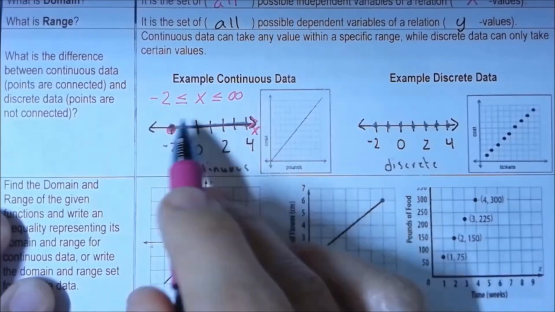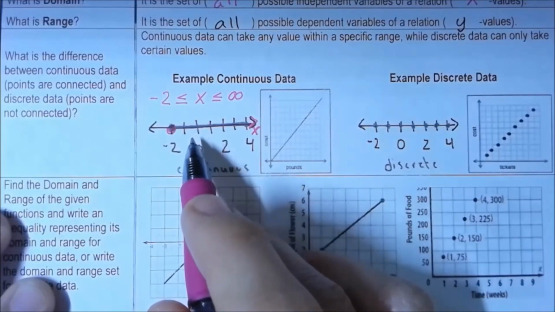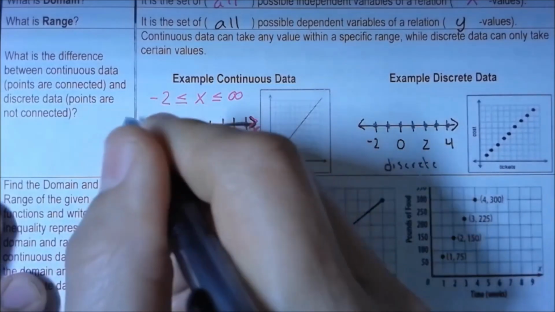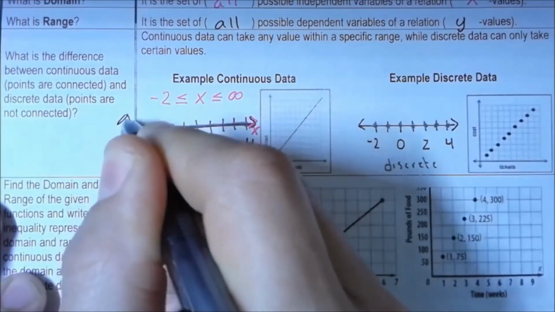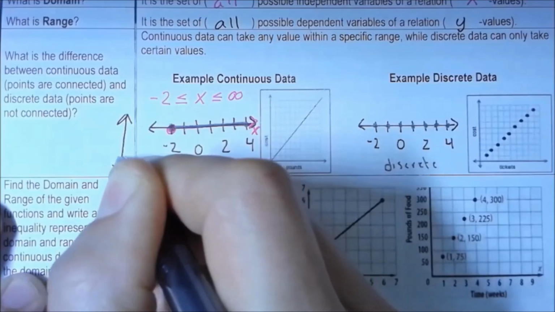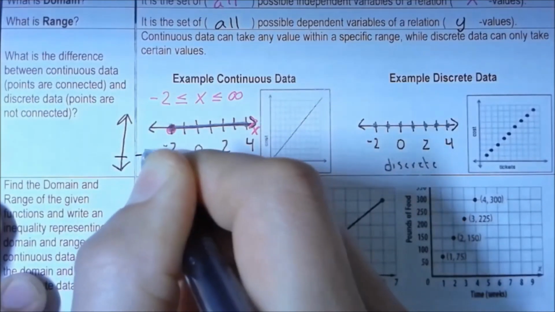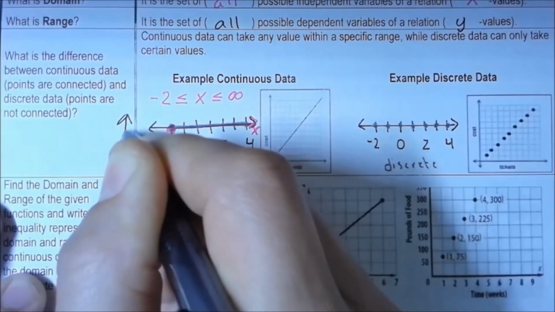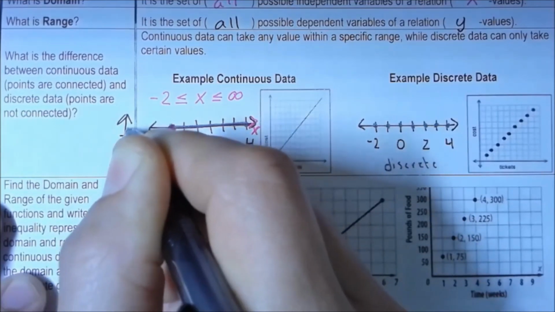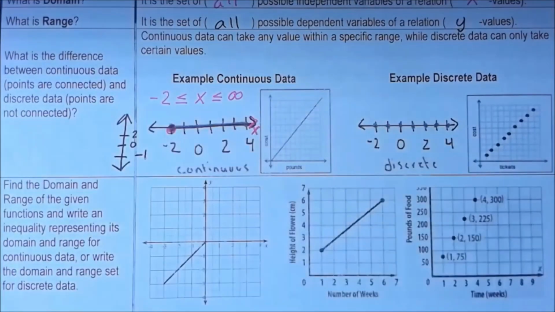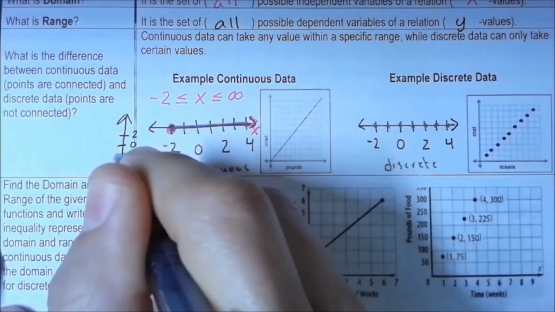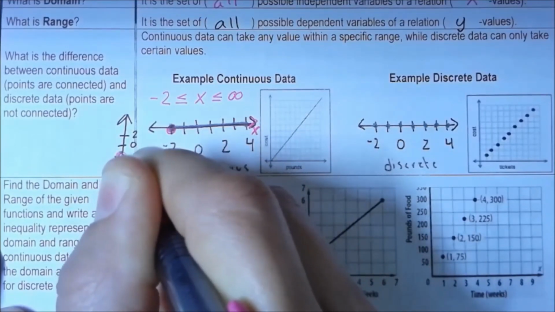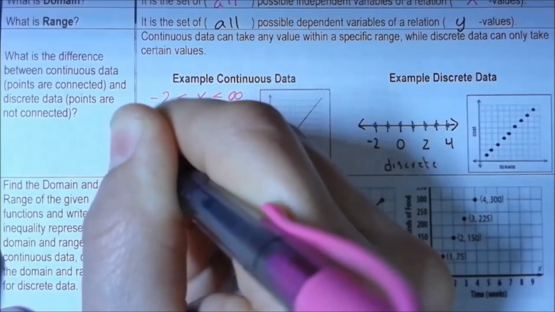Infinity just means all real numbers, and this is my domain. Now, we don't have a range here because it doesn't show what y is, but let's say we did. Let me draw another one of these. Let's say we had a y, and say it started at -1, and then we had 0 and 2 and so on. Let's say we had a closed dot on -1, and then it went on forever.